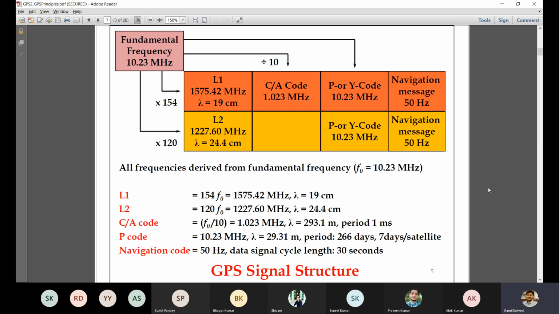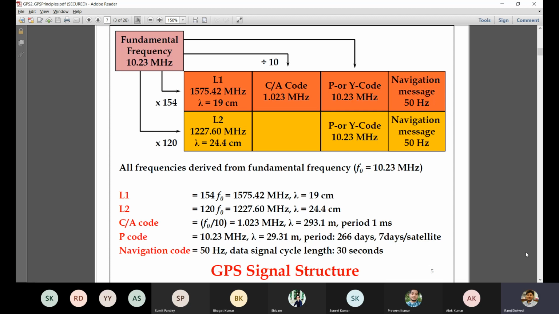So the periodicity changes drastically between CA code and P code. The period means when a similar pattern will be repeated. For CA code, it is repeated after 1 millisecond, a short code I would say. But P code is a very long code, a 266 days code. And a week-long code is allocated to each individual satellite.